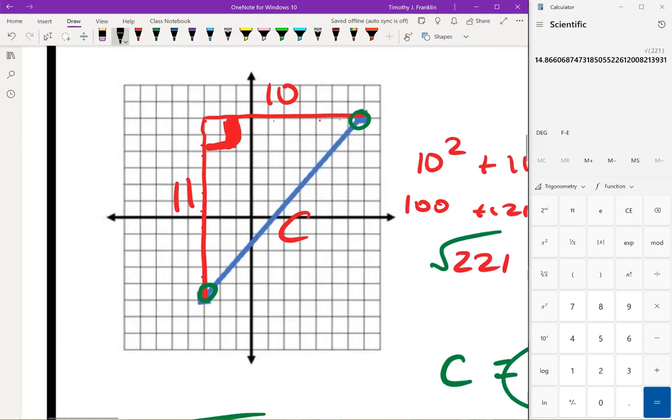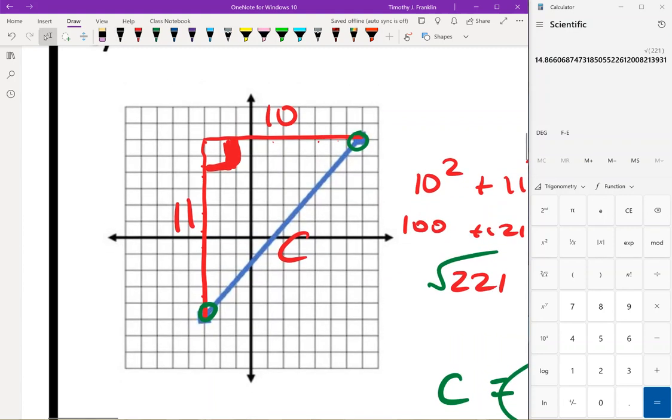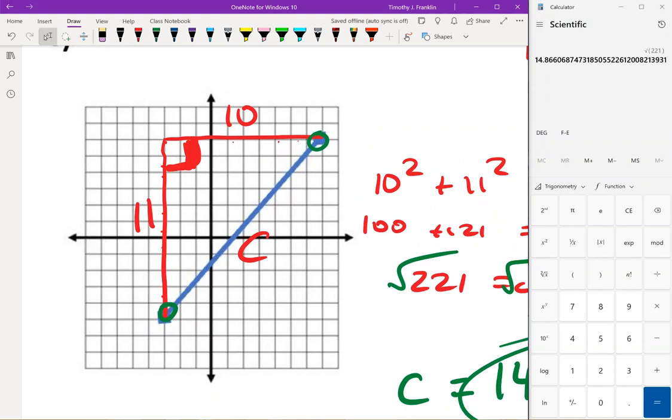Now on this graph we just counted, and we can always do that if we have a graph, is just count. But let's see if we would get the same thing if we knew or just had the endpoints. So this one here is 7, 6, and this one is -3, -5.